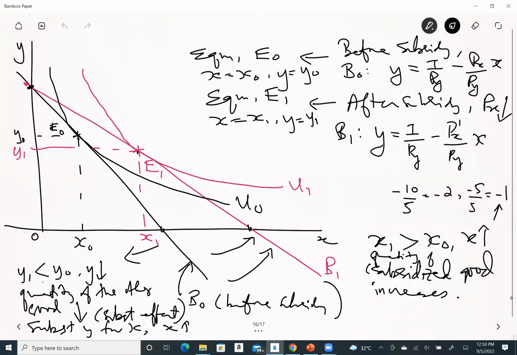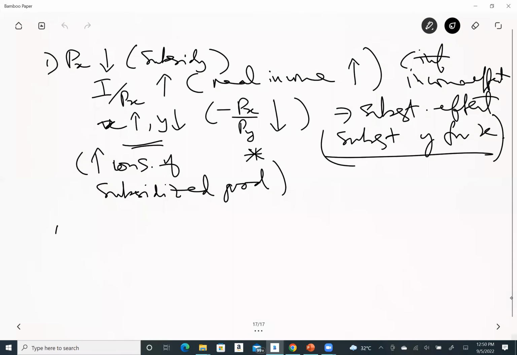What else can we observe? Utility shift. All right. Utility is what? It has increased. So our utility has gone up from U0 to U1. That is important because that is welfare. Utility increases because U1 is bigger than U0.